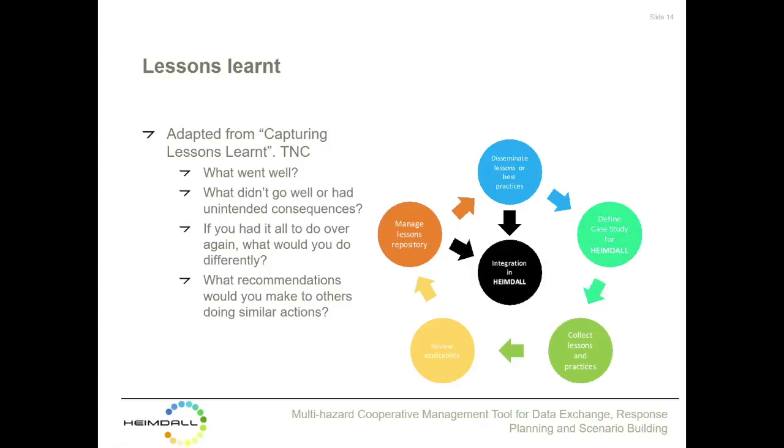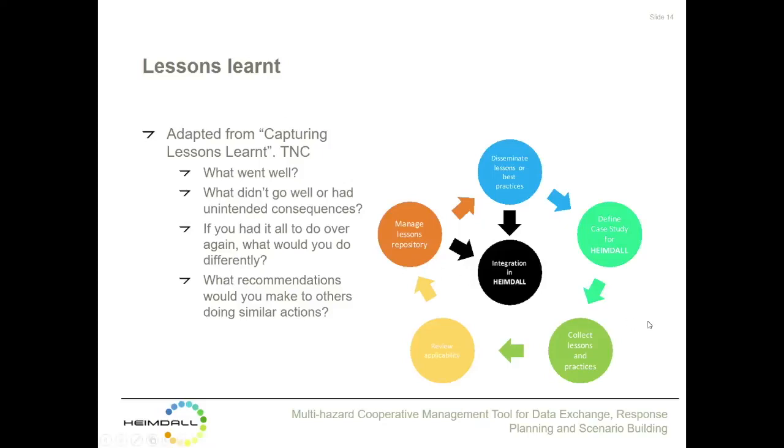The mechanisms or the processes or the methodologies used to collect, share, and disseminate lessons learned may vary, but in general are comprised of 5 main steps, 5 main elements.